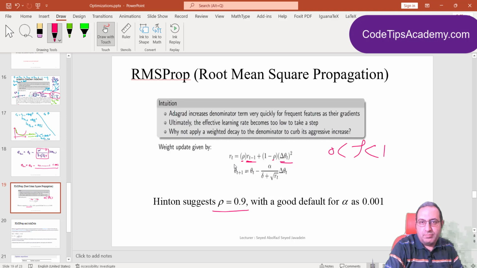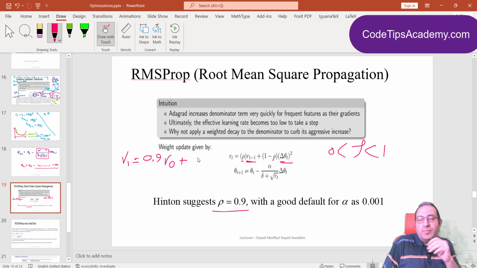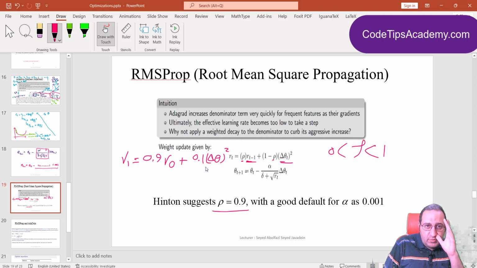For example, in the first steps, according to what Geoffrey Hinton suggests, rho is 0.9, R1 is 0.9 times R0 plus 0.1 times delta squared.